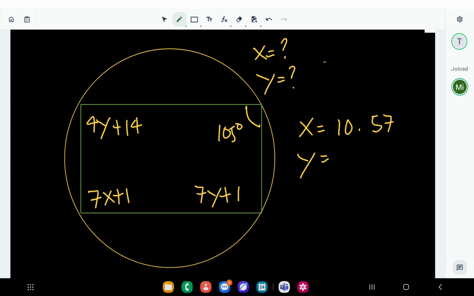For x, you're correct. It's 10.57. But for y, that is 4y plus 14 plus 7y plus 1 equals 180, right? Yeah? Check your calculations.